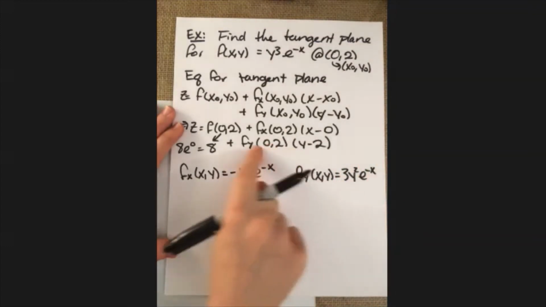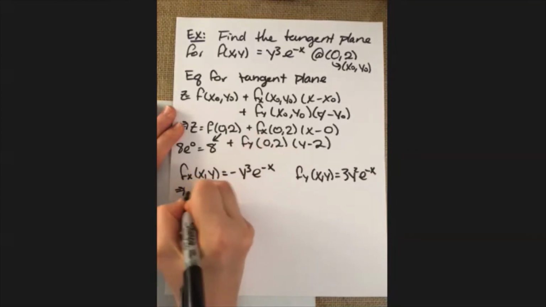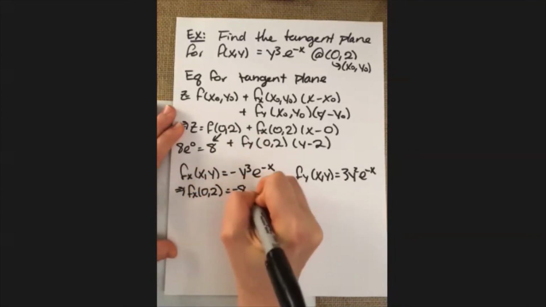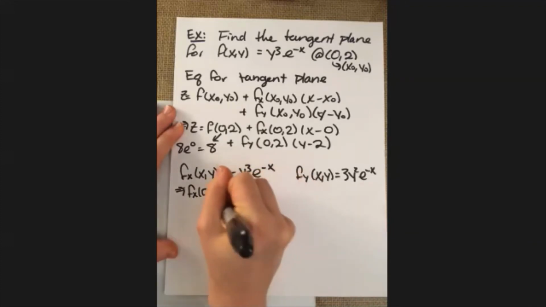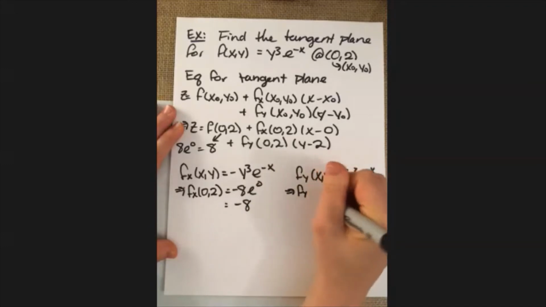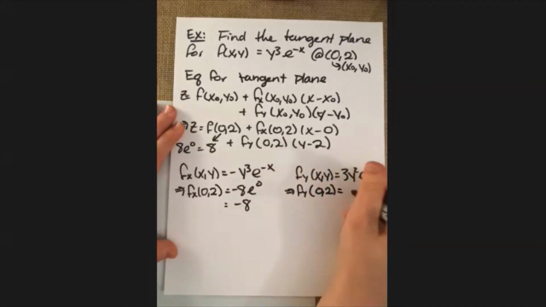And now I just have to plug in 0, 2. And I'm going to get negative 8 e to the 0, which is just negative 8. And then for f y, I'm going to get 3 times 4 times e to the 0, which is going to give me 12.